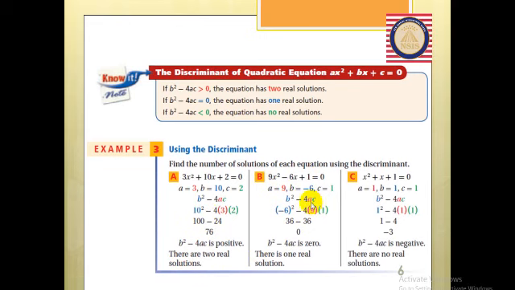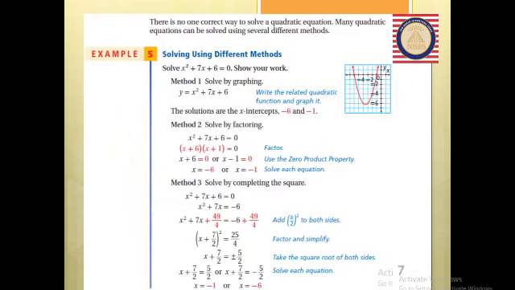You must memorize it very carefully. After I simplify it with the calculator, you'll find it 0, so it's one real solution. Here, again, b power 2 minus 4ac, and I substitute their values. I find it's negative, so no real solution.